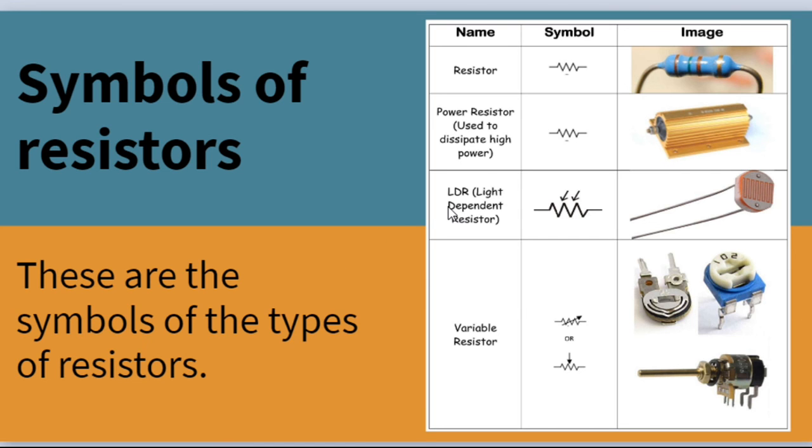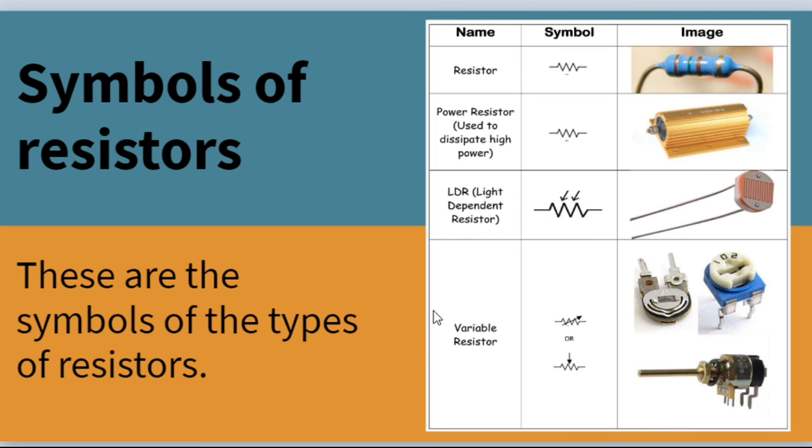We have another type of resistor called LDR, or light dependent resistor. This light dependent resistor is a normal resistor, but it changes its value depending on the intensity of the light. We are going to explain this resistor in the next lectures, and this is its symbol, and this is its shape in real life.